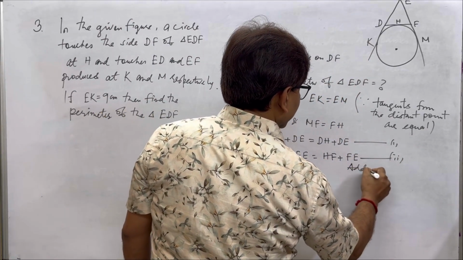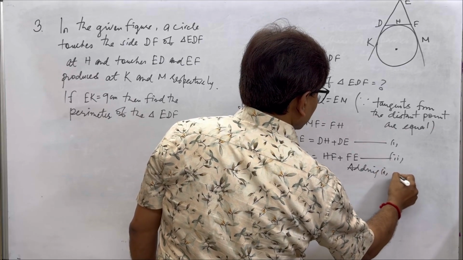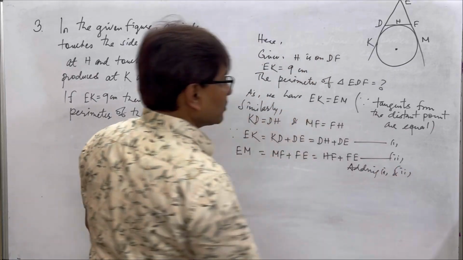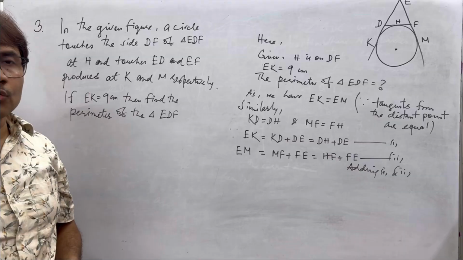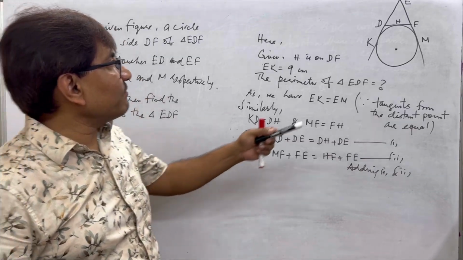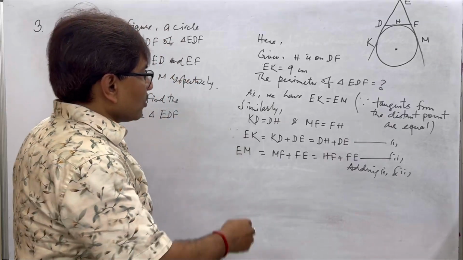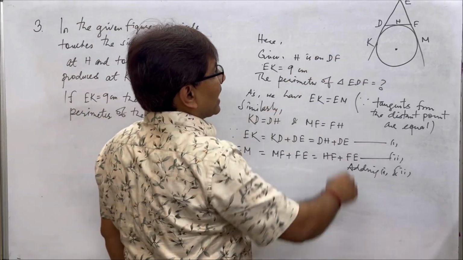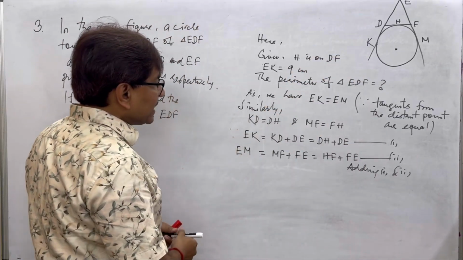Adding equations 1 and 2. Why are we adding equations 1 and 2? We are adding to get the value of EK. Because here EK and EM, if we add, then it is 2 EK.